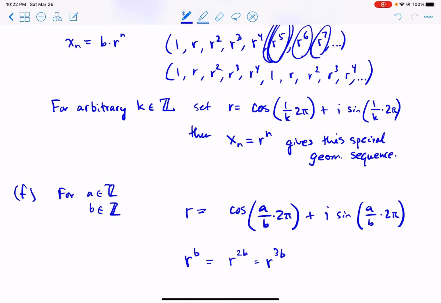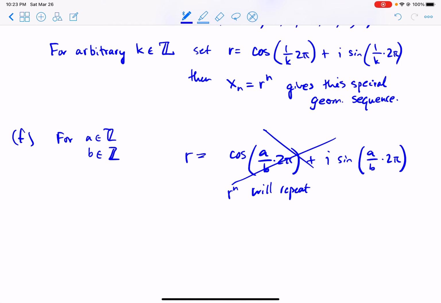Does this make sense? Let's see. Yeah, I think so. Because if we rotate around, we're just going to get an extra 2 here, and that's just going to multiply by another 2 times 2 pi, which will give the same value. And over here we'll multiply by 2 times 2 pi and give the same value. So this would not work. This will repeat. Or r to the n will repeat.